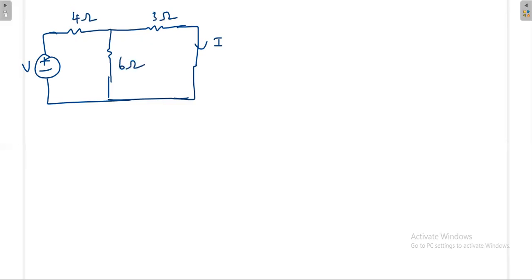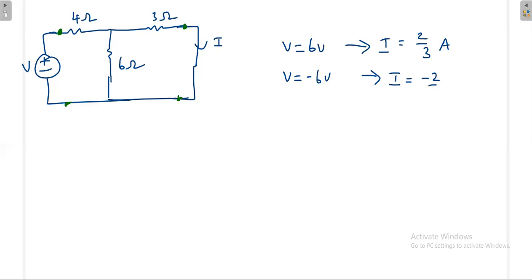It is the same problem, but instead of 6 volt, I am putting V here. When V is equal to 6 volt, clearly this I is 2 by 3 ampere. Now what happens if I put V equal to minus 6 volt? What would be the I? I would be minus 2 by 3 ampere.